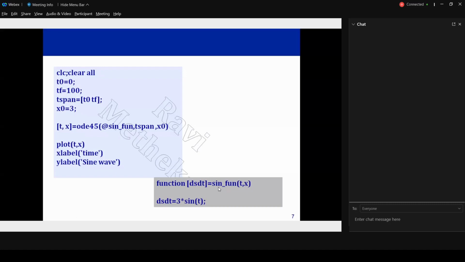This is the function. The ODE ds by dt is equal to 3 into sine t, and here the initial condition s of 0 is basically 3. Can you try to solve these functions and show me the ODE solutions. Don't plot it. If someone knows plotting, then they can plot. If not, doesn't matter. After this, I'm going to take the plotting exercise.